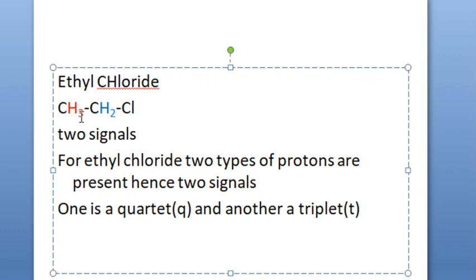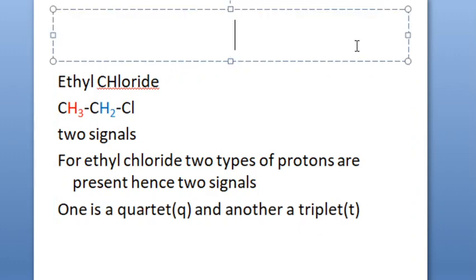How? The red hydrogens will give you a triplet, because the blue hydrogens are 2, and the blue hydrogens will give you a quartet because the red hydrogens are 3. So 3 plus 1 rule, and here it is 2 plus 1, the n plus 1 rule. By following the n plus 1 rule, the methyl will give you a triplet and CH2 will give you a quartet.